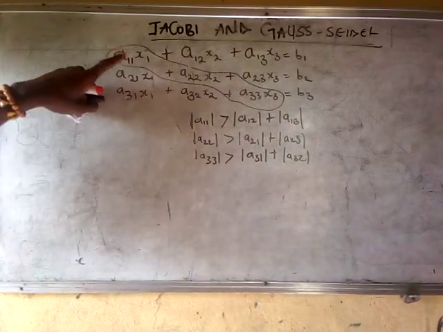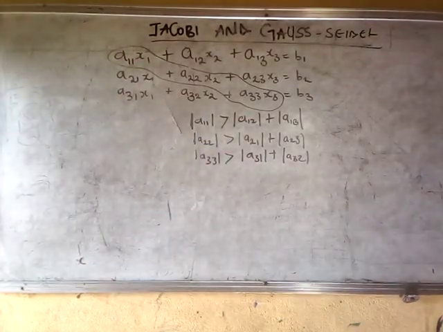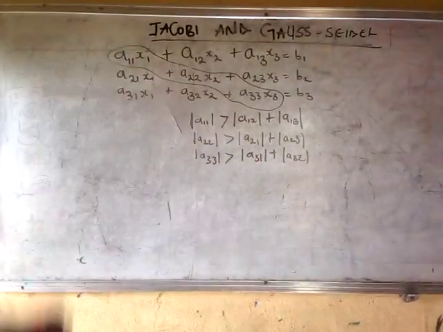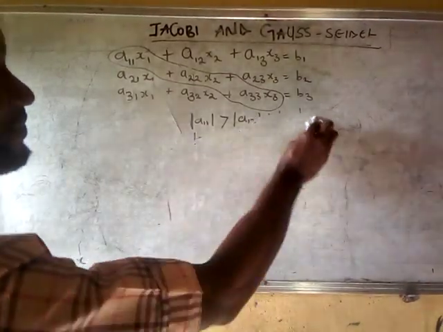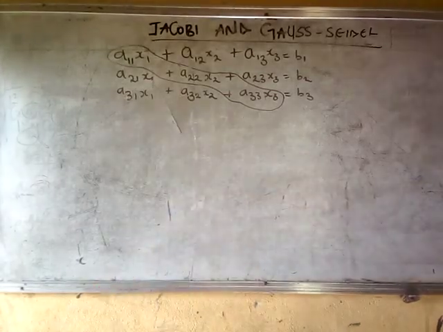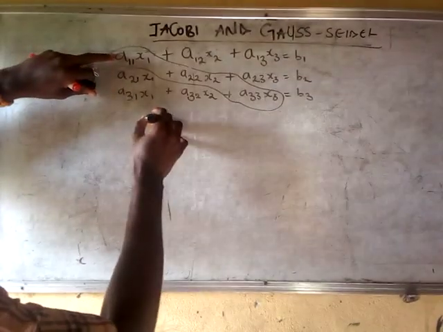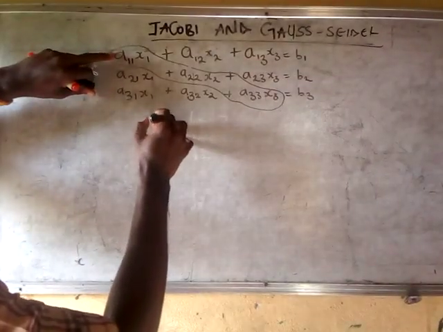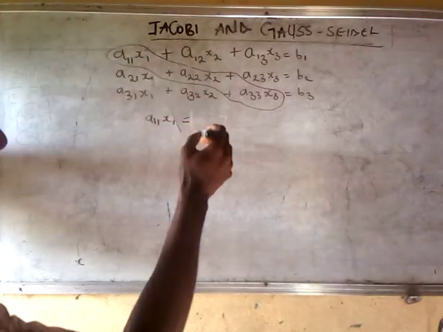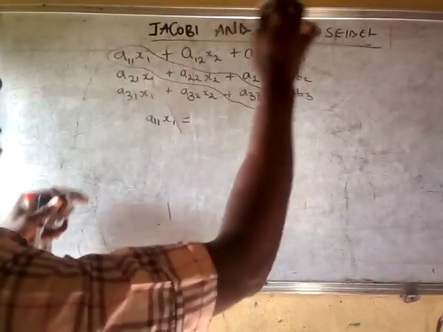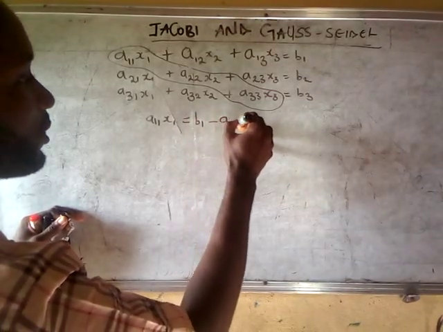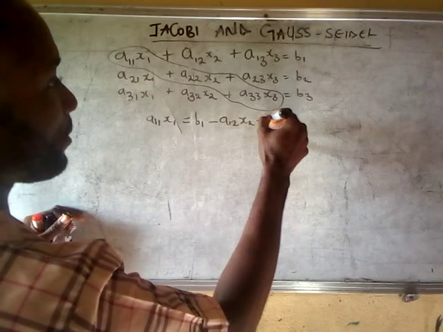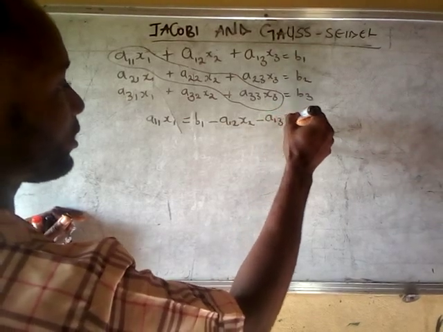And let me make this my subject formula. From here, I will clean this since we are familiar with this now. Making a11 the subject formula, we have x1 is equal to, I will transfer these two to the other side. This will be b1 minus a12 x2 minus a13 x3.